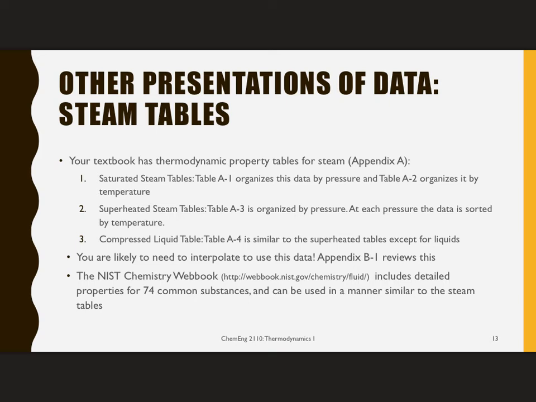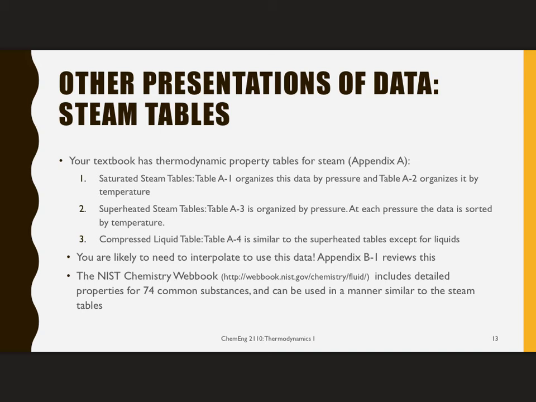This is Table A1, organized by pressure, and Table A2 is the saturated steam tables organized by temperature. The superheated steam tables follow that. That's going to be Table A3, and these are organized by pressure, and then for each pressure, they're sorted by temperature. And then for water, we have a compressed liquid table, which is Table A4 in our textbook. Okay, it's organized just the same way, by pressure, and for each pressure sorted by temperature.